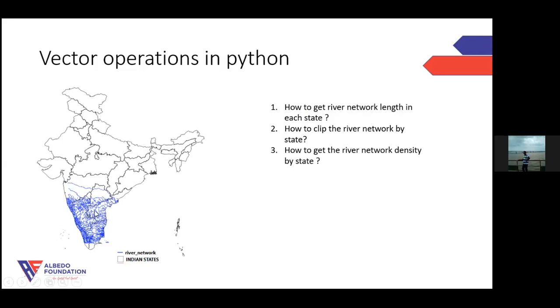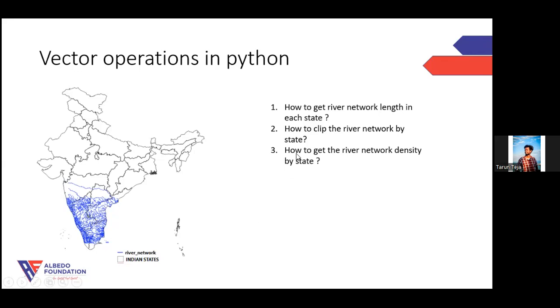I want to get the length of the river network in Tamil Nadu state. So what I can do is clip the river network with respect to Tamil Nadu state, and then calculate the length of the river network within that clipped boundary.